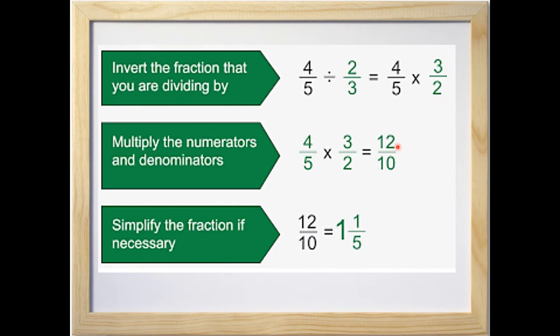Now 12 by 10 is an improper fraction, and if you want we can convert it into a mixed fraction simply by dividing 12 by 10. Is it clear, children? So 12 by 10 is equal to 1 and 1 by 5. Is it clear, children?